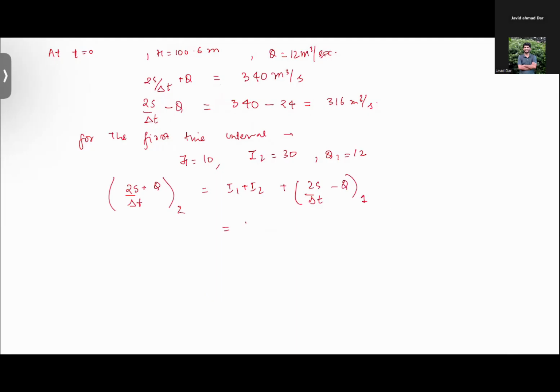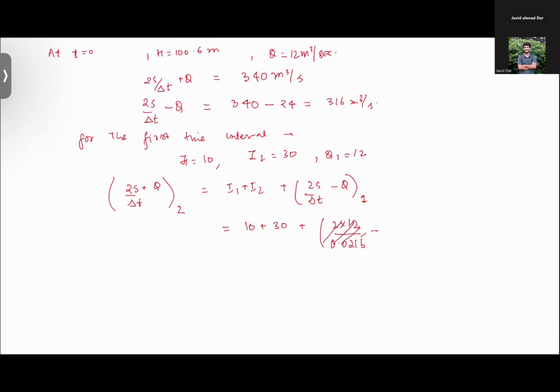So you put the value of I1 10, I2 30, plus 2S upon delta T minus Q, which we know is 316. So you get 40 plus 316, which is 356 meter cube per second.